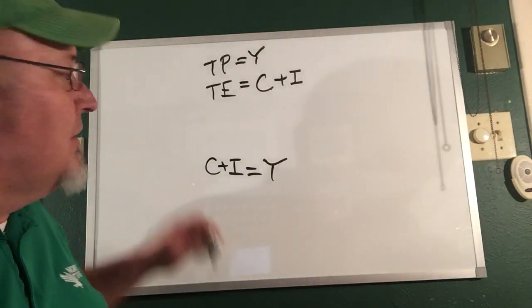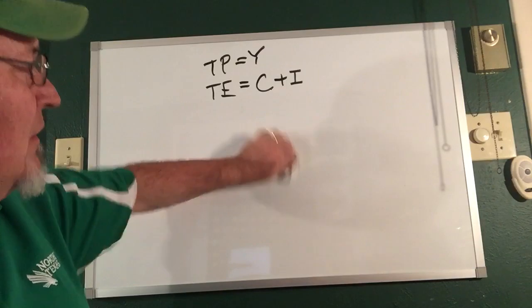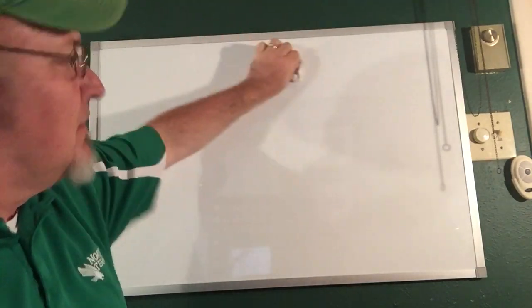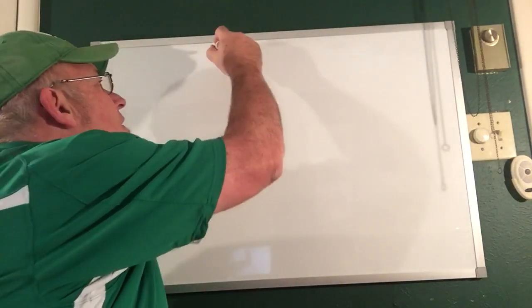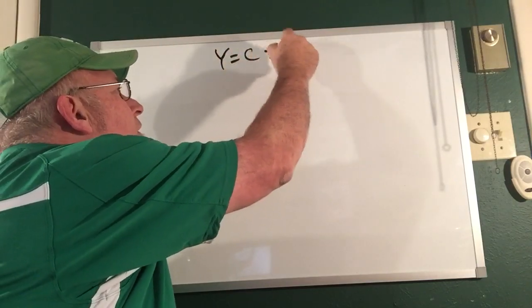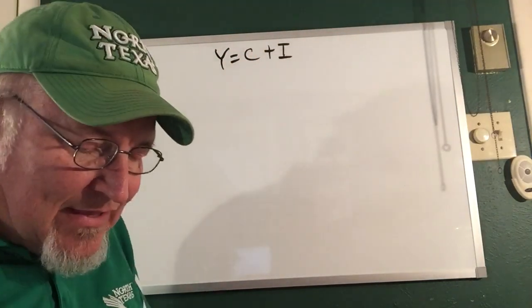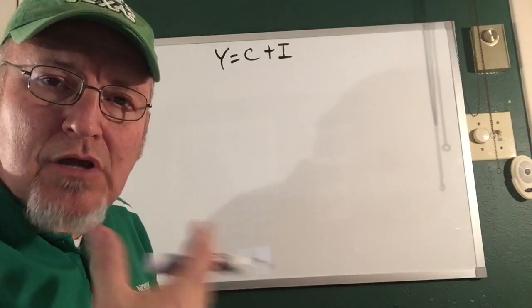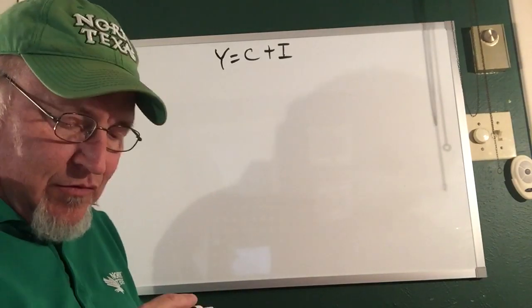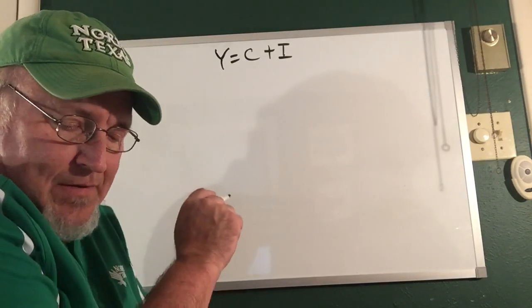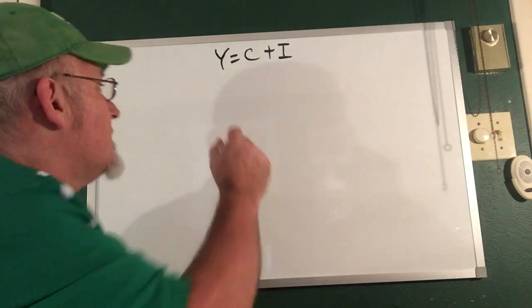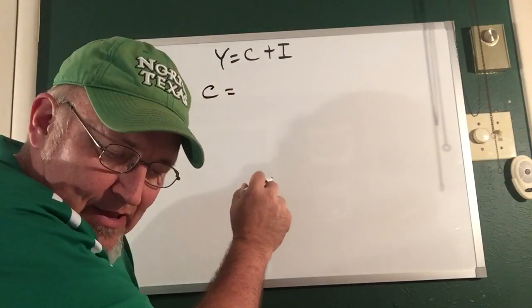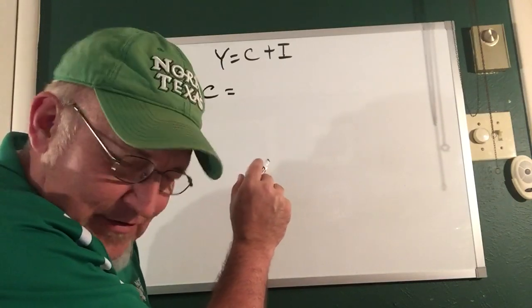So how would we do that? How would we figure it out? I'm just going to redraw this. Well, if I give you a certain set of circumstances, say consumption, I'm looking at my notes.